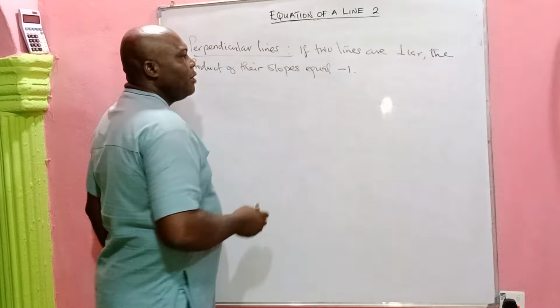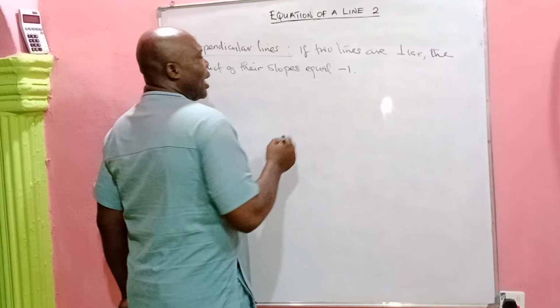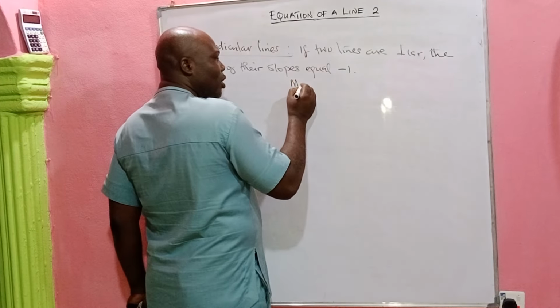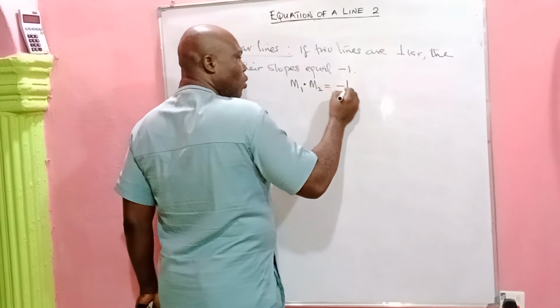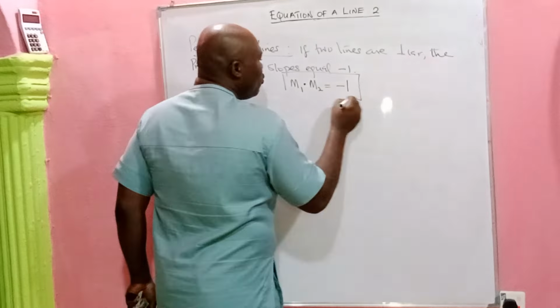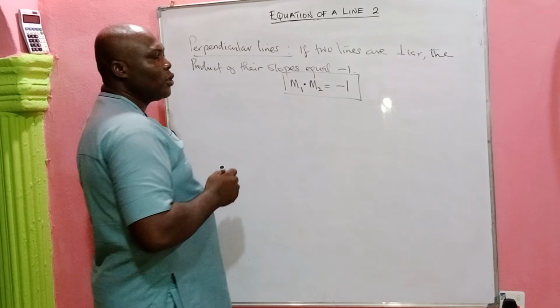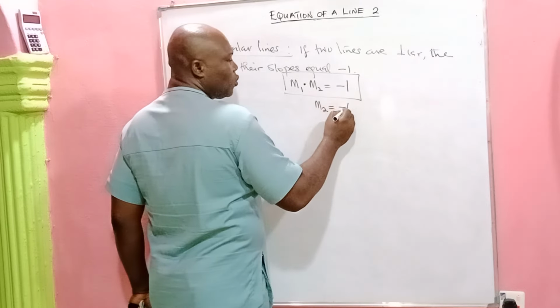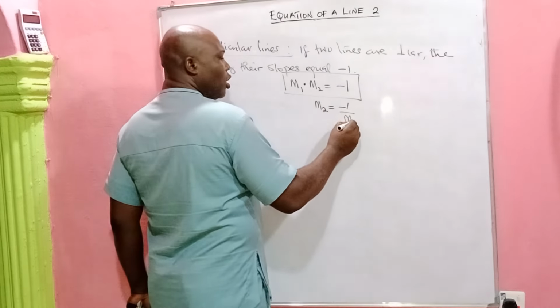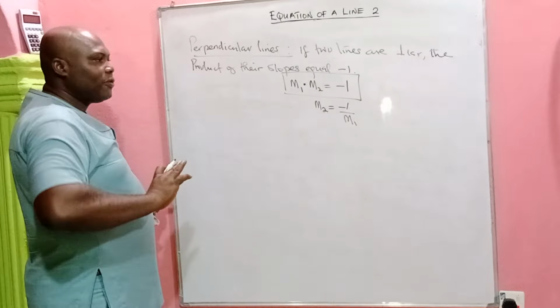We mean that if two lines are said to be perpendicular, therefore m1 multiplied by m2 will give us minus 1. Don't forget this. m1 times m2 will give us minus 1. And by change of subject of the formula, m2 will be equal to minus 1 divided by m1. Please don't forget that.